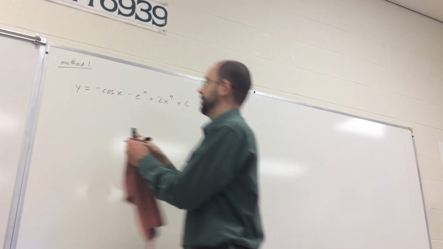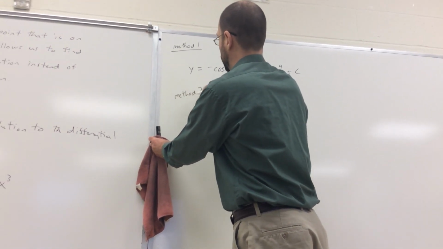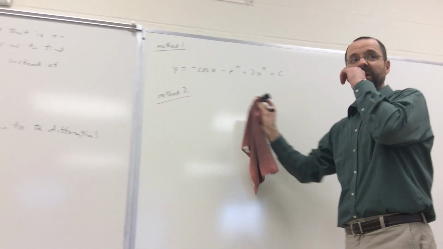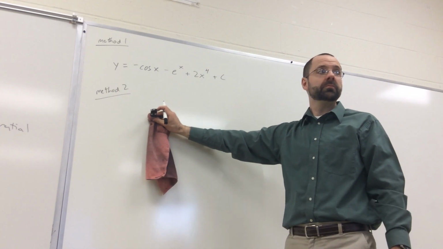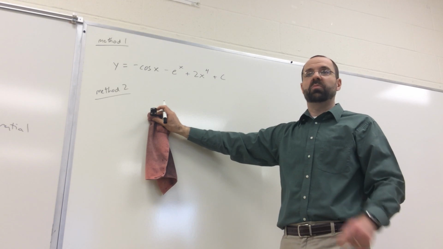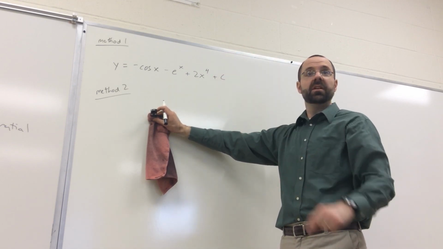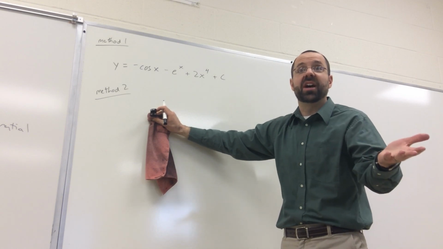Okay, what's another way to do this problem? Priyanka's up here making a curved symbol. You know what she means? You could just slap an integral sign on this thing, right?